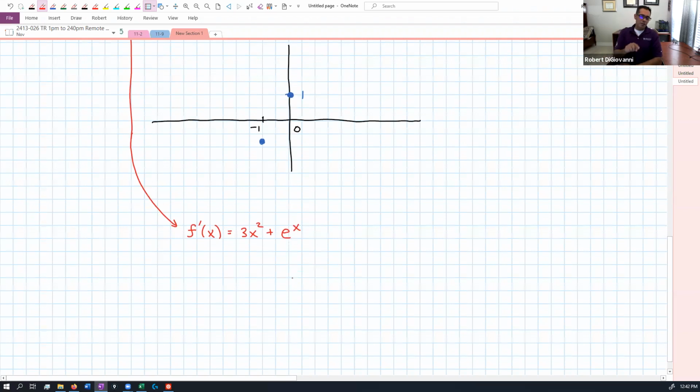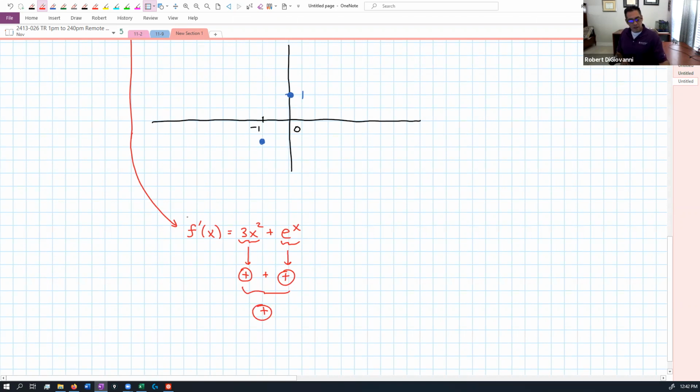What's interesting is that no matter what x I plug in, I can guarantee this is always a positive number, because x squared is positive, at worst 0. Then I add e to the x, which is always positive no matter what you plug in. Put those two together, and it's always positive.